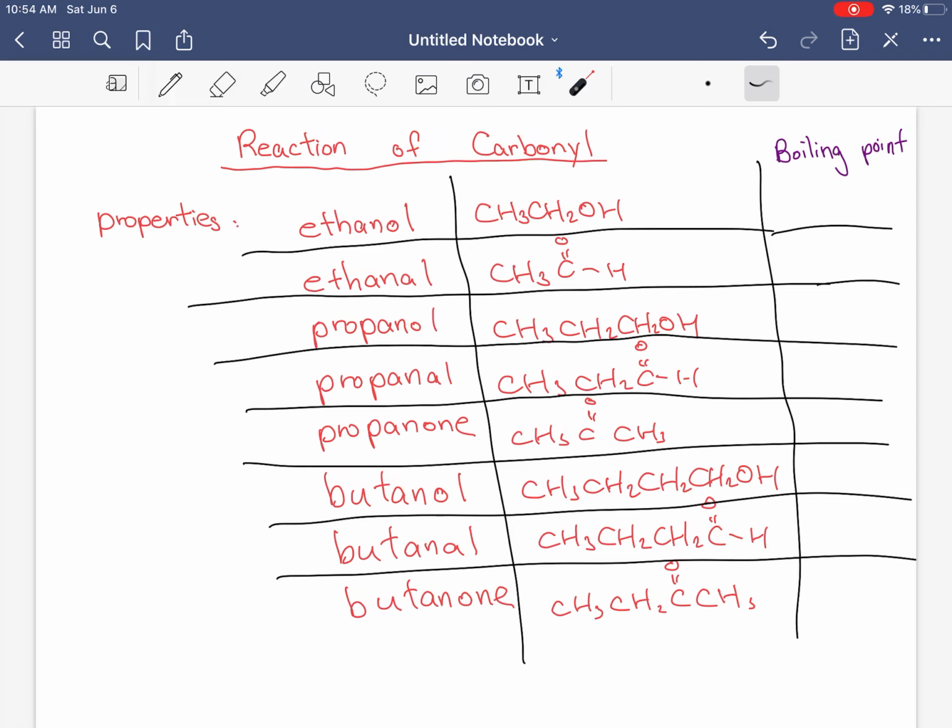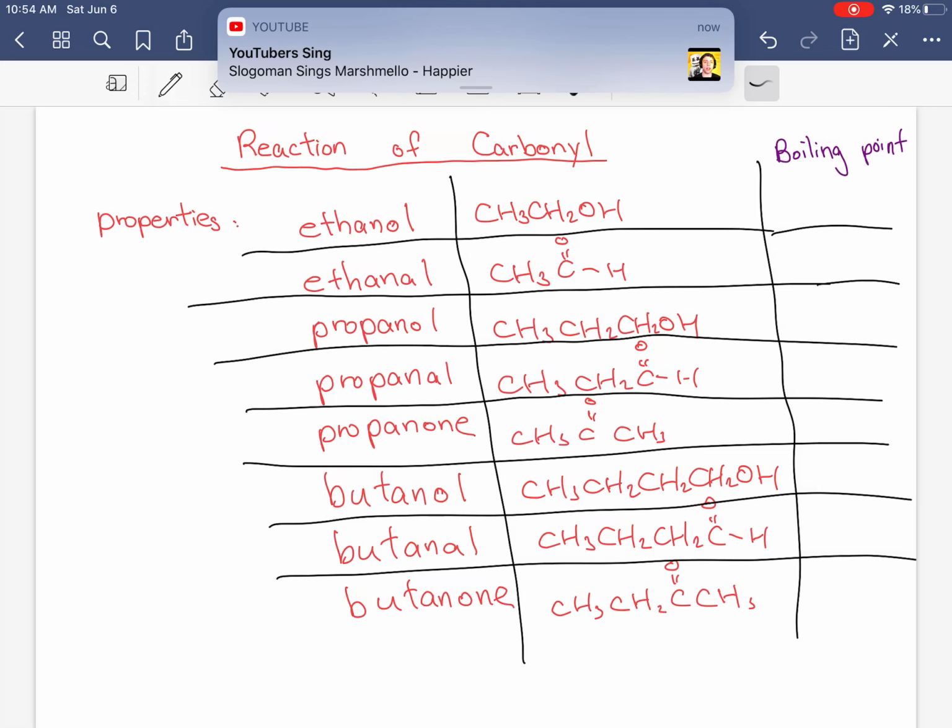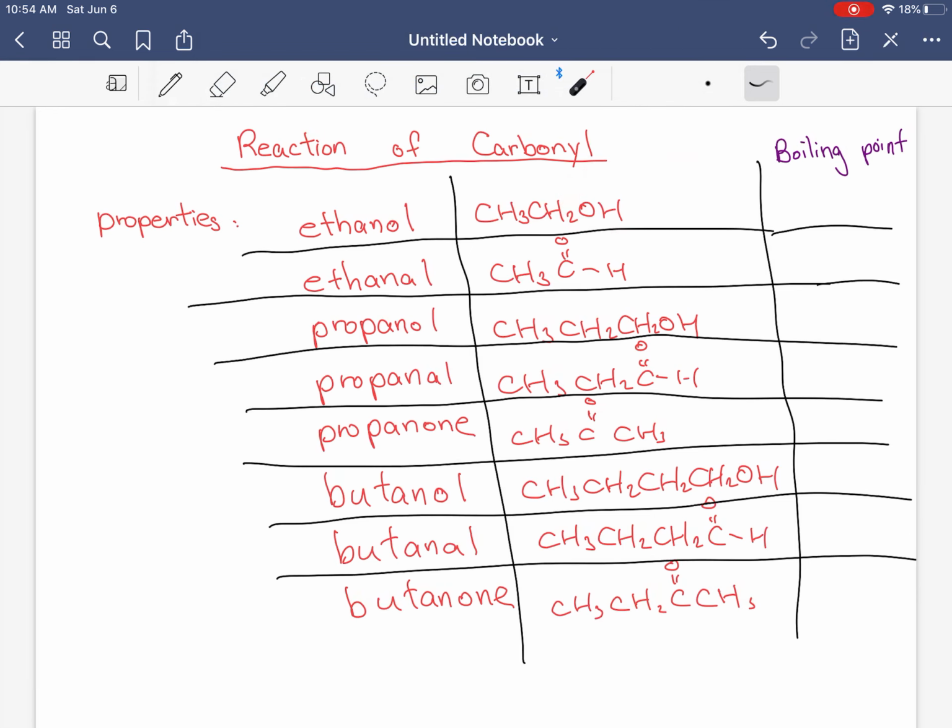And intermolecular forces, in terms of strength, is based on polarity. We remember that. Things are polar, like alcohol. Alcohol is polar because this is slightly negative, the hydrogen is slightly positive. That's a polar molecule.